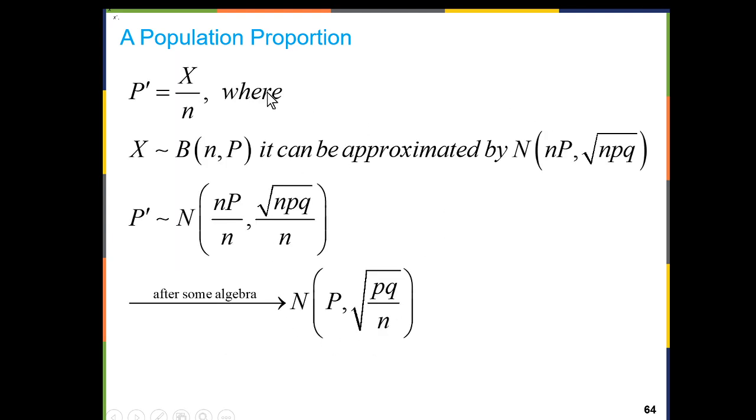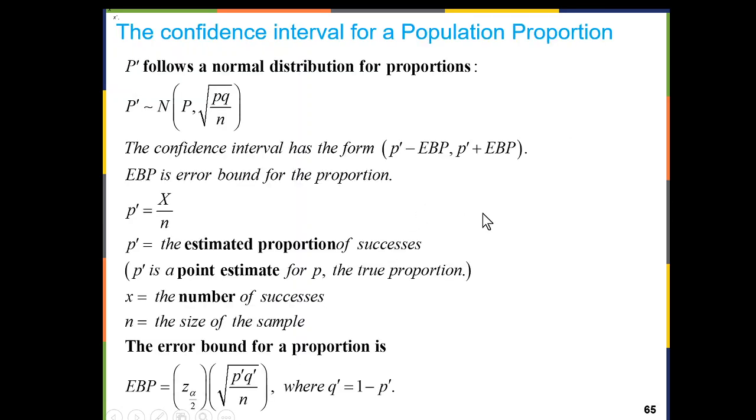And that's the conclusion that we have, that p primes are normally distributed with the mean of p and the standard deviation of this right there. All right, so the error bound here, what is the error bound? Well, the error bound is where we got p prime, plus and minus a certain number of standard deviations, which is the square root of p prime q prime over n.